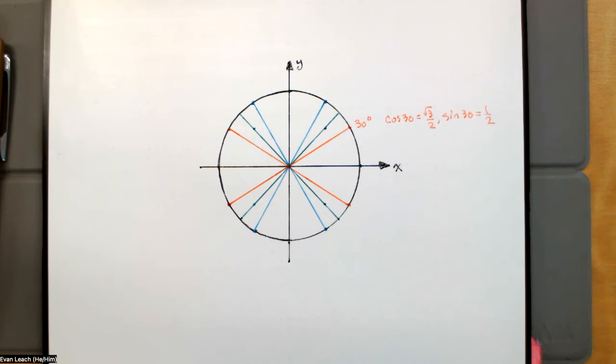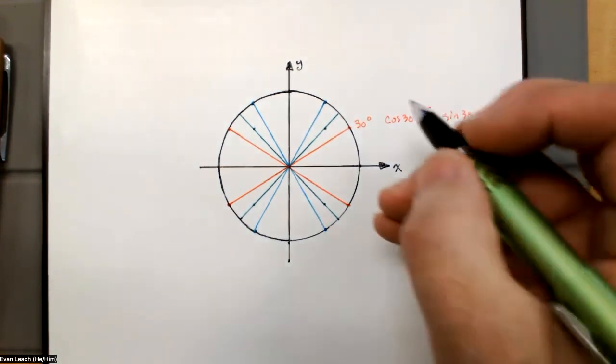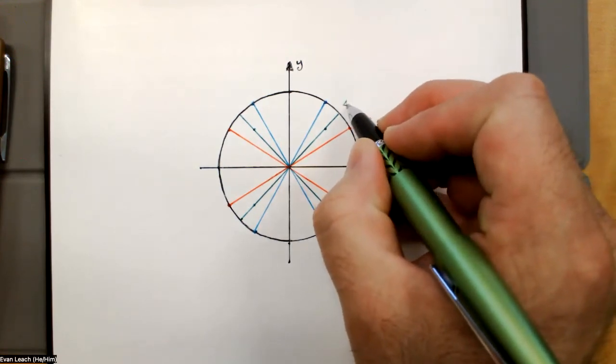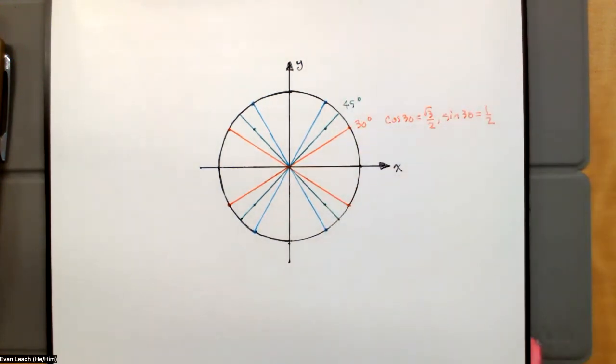Next up in the first quadrant is our 45. Here's a 45-degree angle. We know that cosine of 45 is root 2 over 2. And sine of 45 also root 2 over 2.